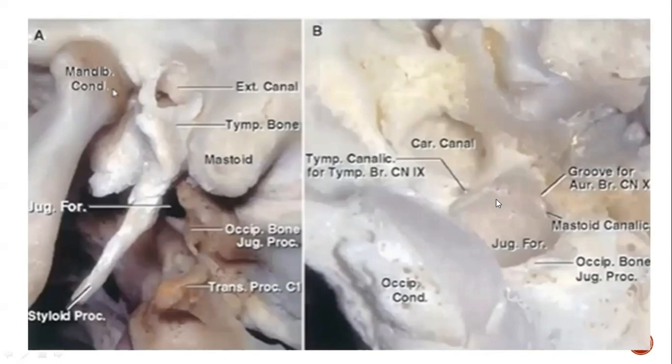Then we discussed two nerves given off by the ninth and 10th cranial nerves. The ninth cranial nerve gives the tympanic branch, which enters here, and the 10th cranial nerve gives the Arnold branch, which enters here. So these are the grooves for both of the branches of the ninth and 10th cranial nerves. This nerve basically enters the mastoid canaliculus and supplies there. This is again the occipital bone, and here we can appreciate the occipital condyle.